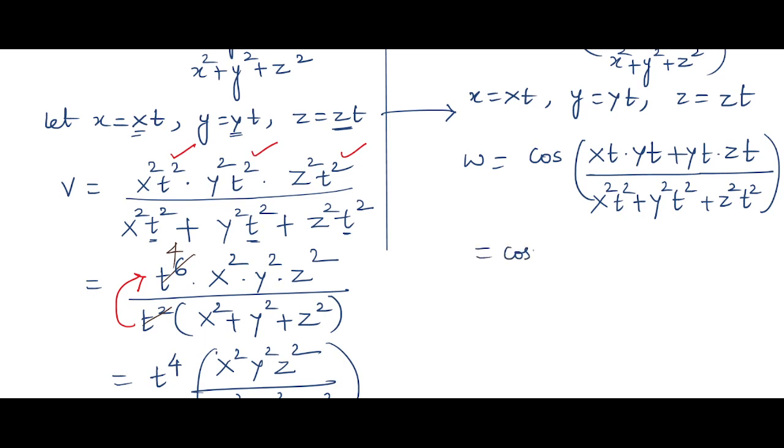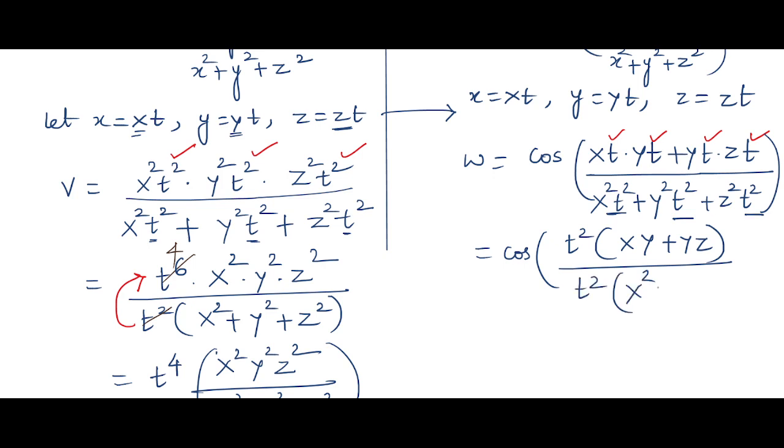Cos of, from the numerator we can take t into t square common, here also t into t square. So when we take t square common, it is left with xy plus yz, and from the denominator we are taking t square common. So it becomes x square plus y square plus z square. T square will get cancelled.